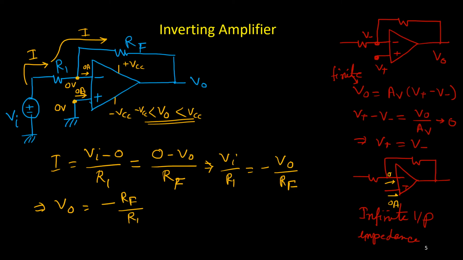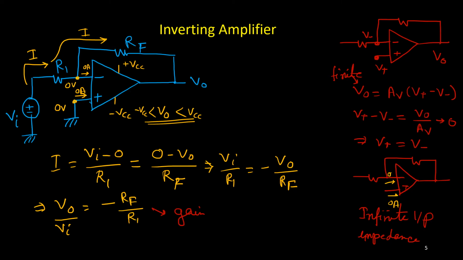I can divide by Vi here, so V naught by Vi will be minus RF by R1. And you see, this is the gain of this amplifier. V naught is the actual output and Vi is the input, so output by input is the actual gain.